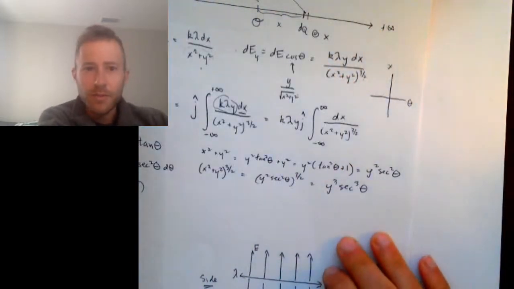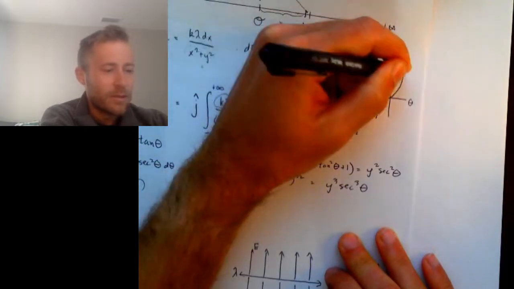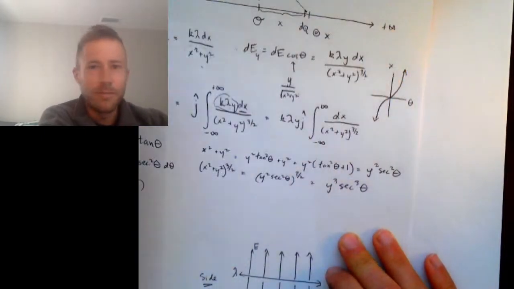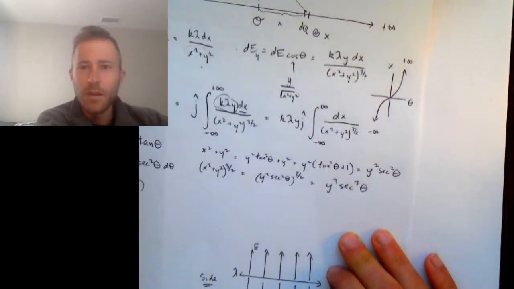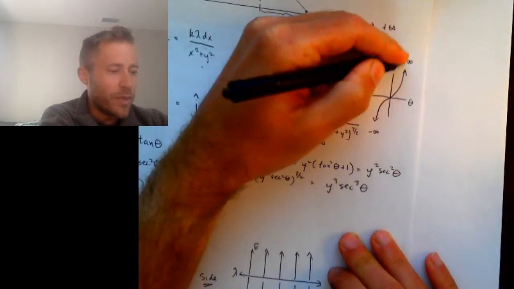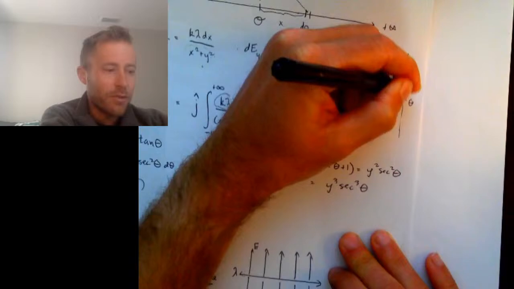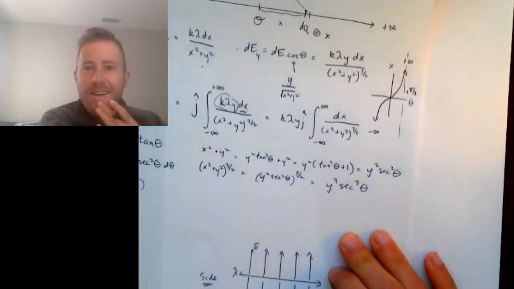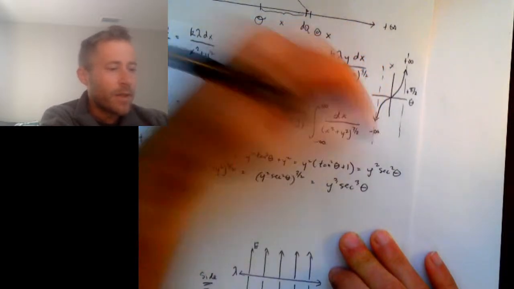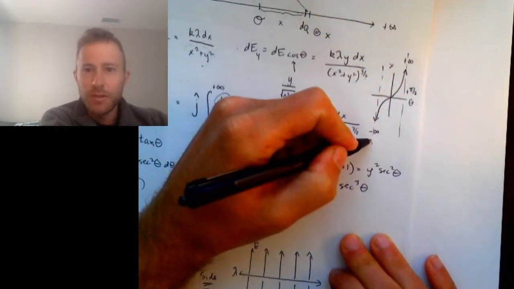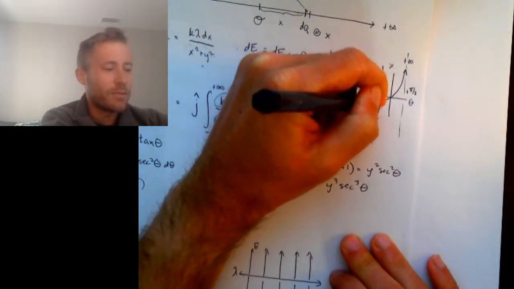The graph of tangent of theta kind of looks like this. Here we go to plus infinity, and here we go to minus infinity. The value of theta where we reach plus infinity is pi over 2, and the value where we reach minus infinity is negative pi over 2.